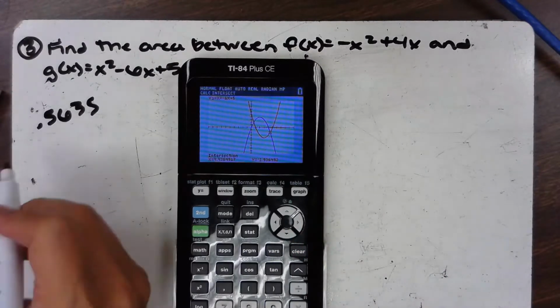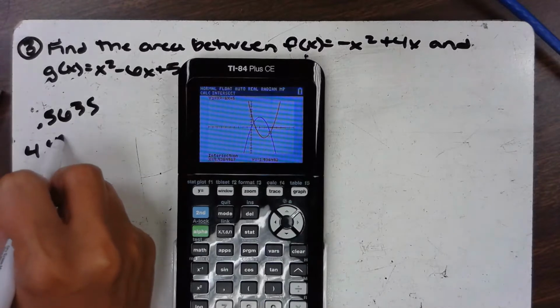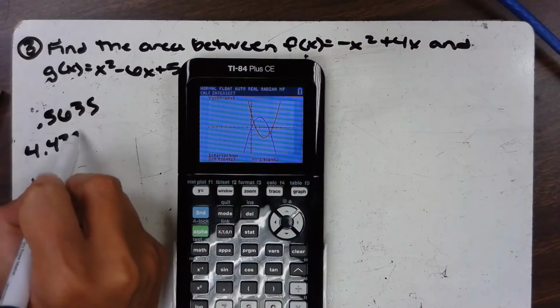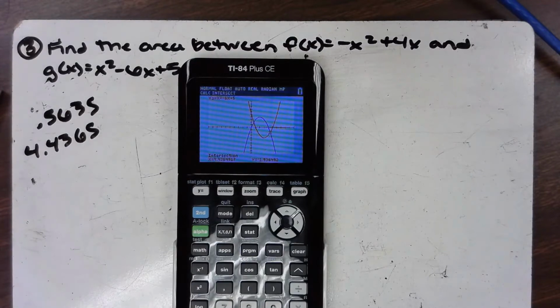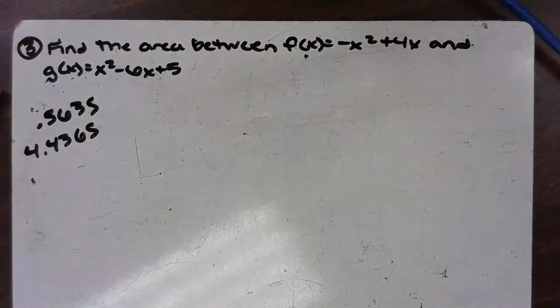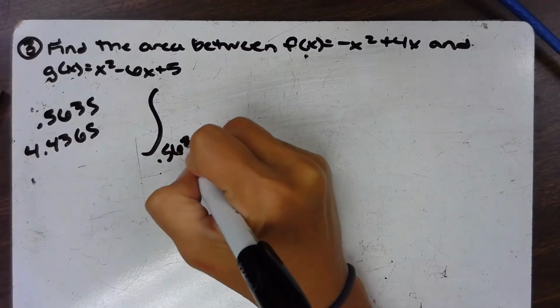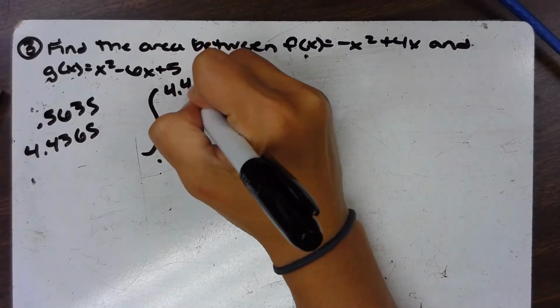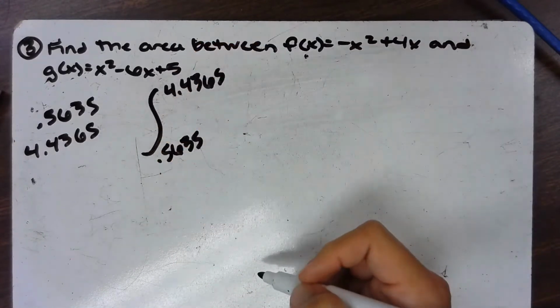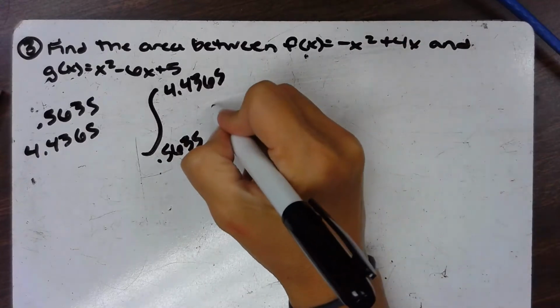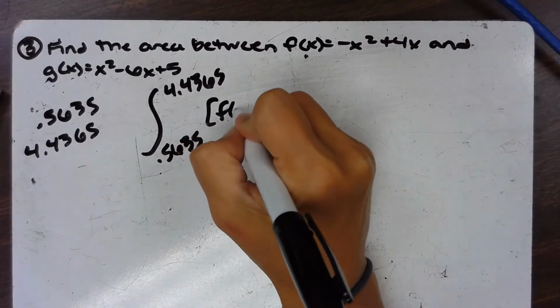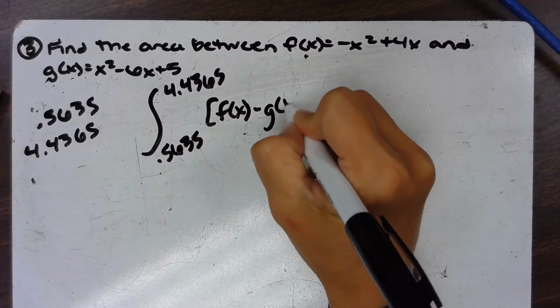Because they didn't give us the bounds, we have to come up with the bounds ourselves. All right, so there's going to be our bounds. So we are going to go from 0.5635 to 4.4365. All right, and remember what was on top. F of x was on top minus g of x.